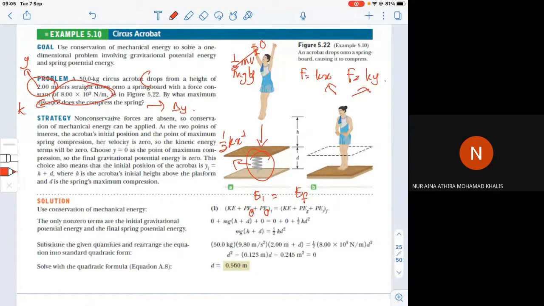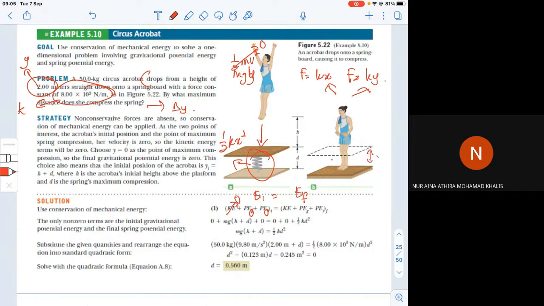And our job is to get to know that equation, because everything here is not necessarily to calculate everything. For example, it starts from kinetic energy 0, so KE initial will be 0, and of course it stops when it steps on the board, and the board will compress from this level to this level.